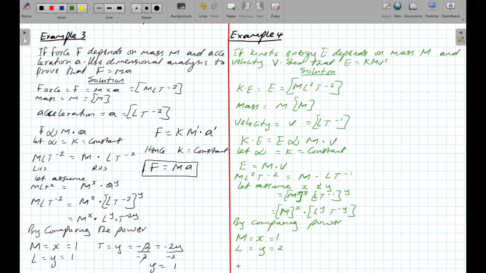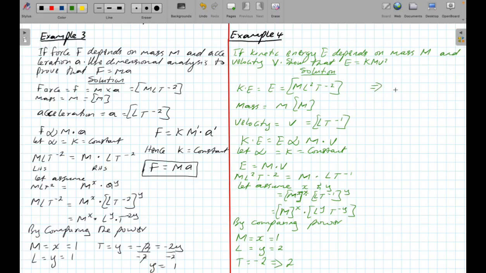Now for T, which has the power of minus 2 on the left hand side, this implies that minus 2 will also be equal to minus y, so y is 2 on the right hand side.